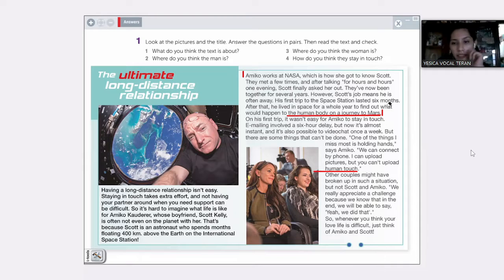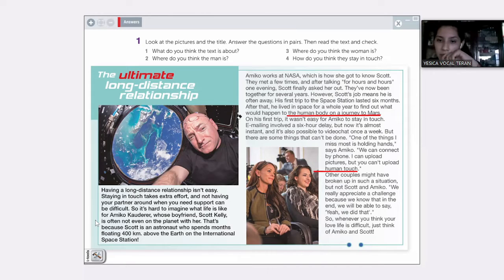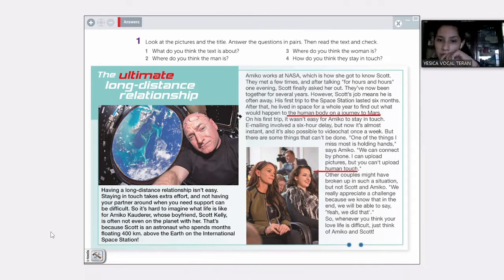However, Scott's job means he is often away. His first trip to the space station lasted 6 months. After that, he lived in space for a whole year to find out what will happen to the human body on a trip to Mars.